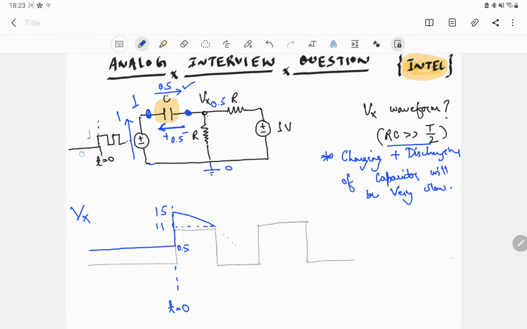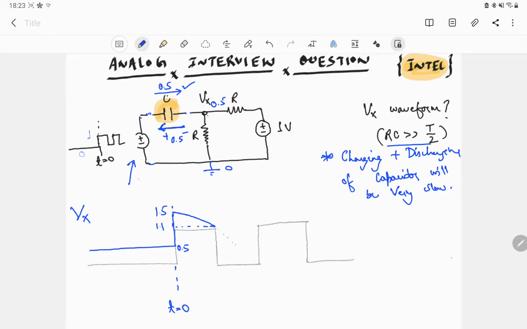Then at this point of time the voltage is 1.1, but the lower cycle has come, so abruptly this 1 volt will be removed.